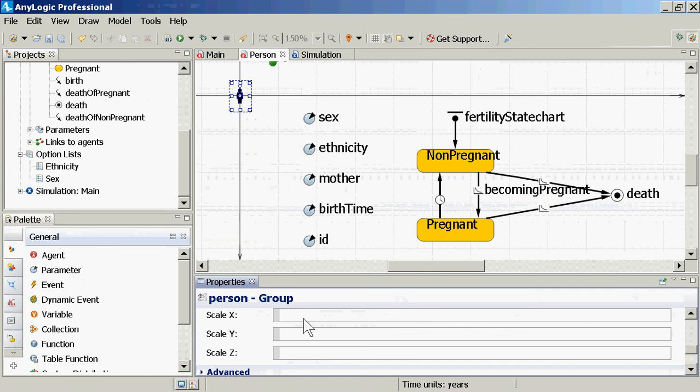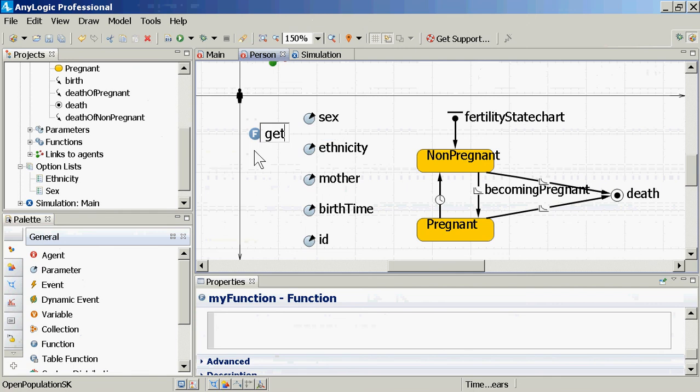Okay, so maybe I'll close with this. But these people are aging. If you want to see how I would capture aging, I would add in a function called get age. I add it here from general, and I add this function.